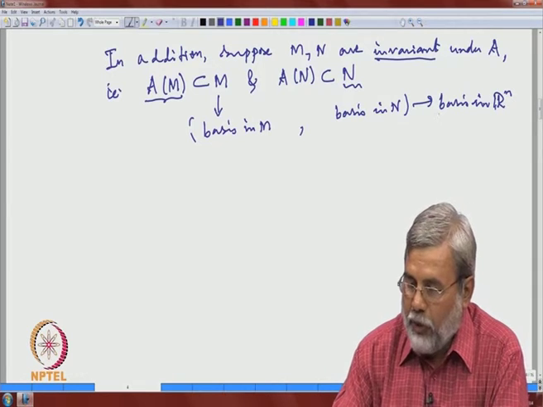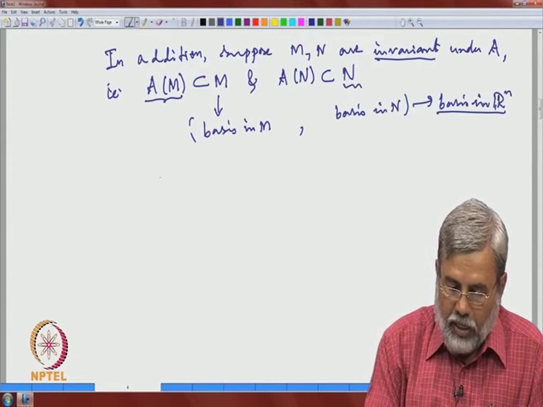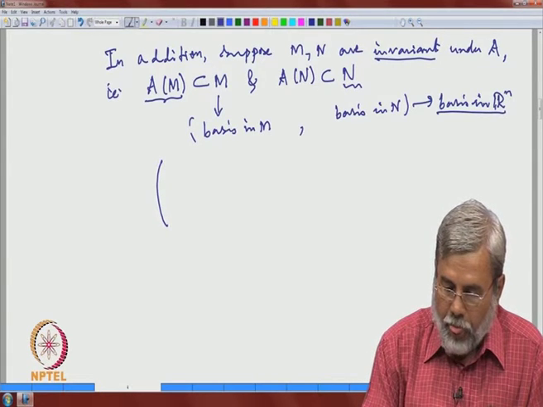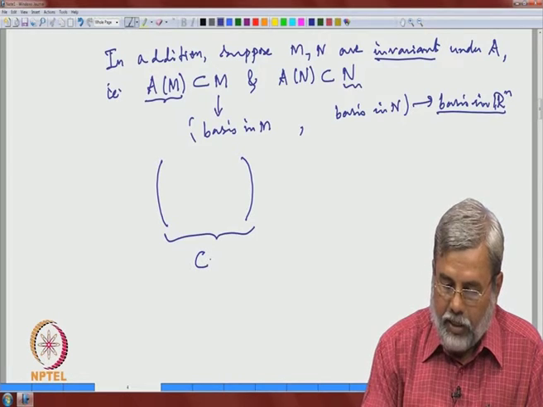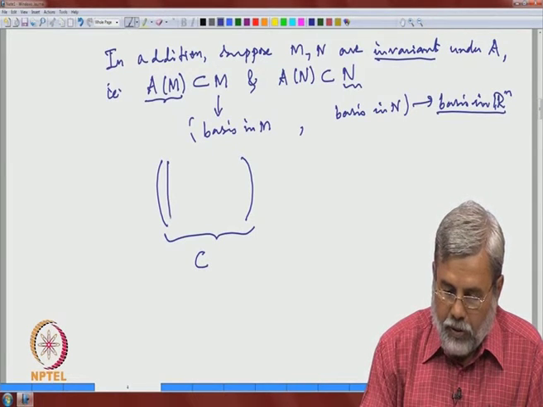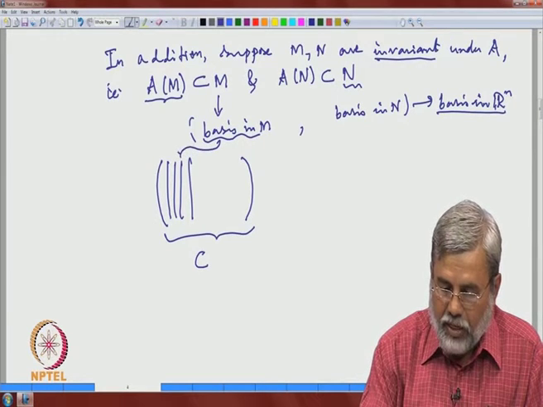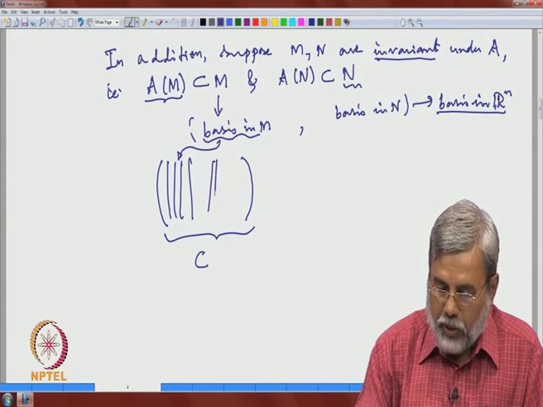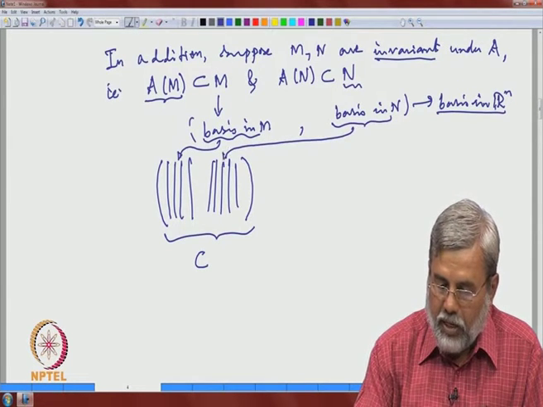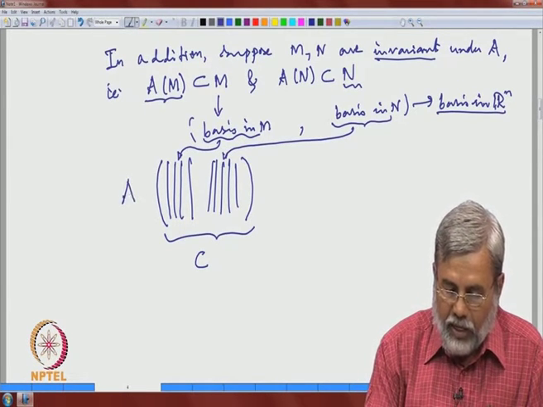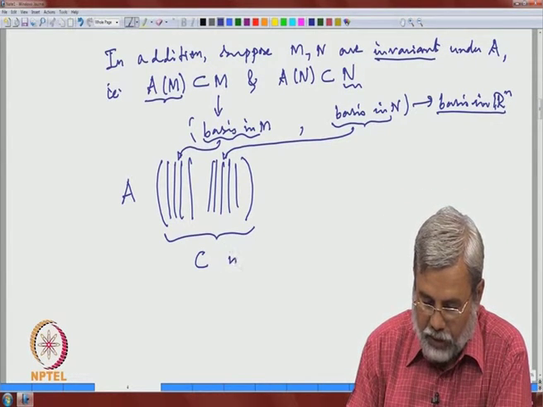Now, you take those basis elements and form this matrix C. You put the basis elements of M here and then you put the basis elements of N here, and then you act A. Since these are all basis vectors, C is non singular.